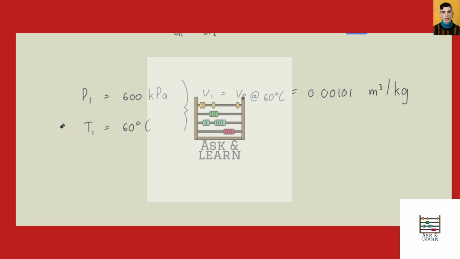So from our tables, that's our specific volume in state 1. The internal energy, u1, is also equal to uf at 60 degrees, and this is 251.16 kilojoules per kg.